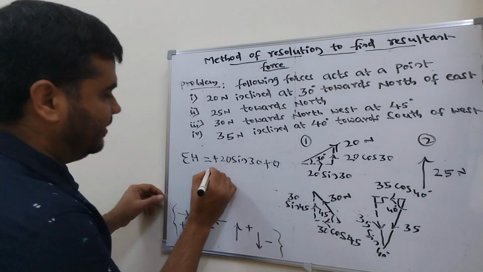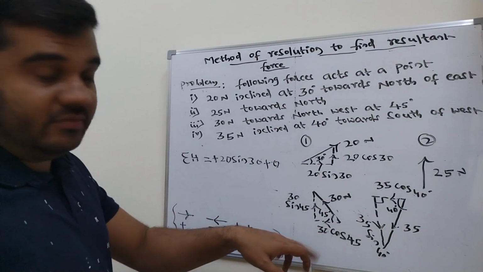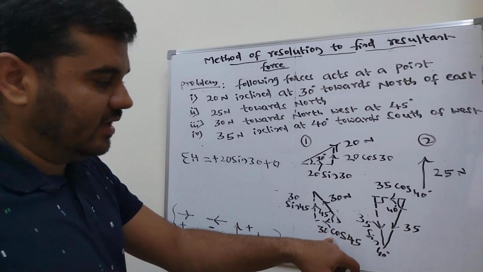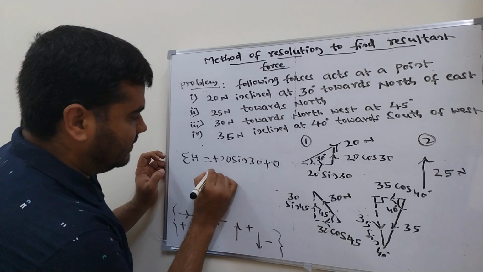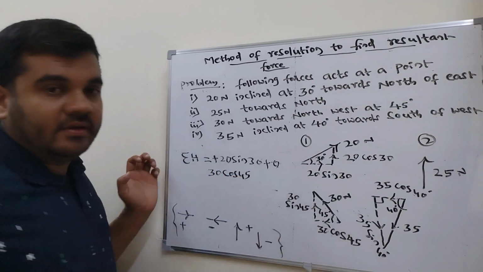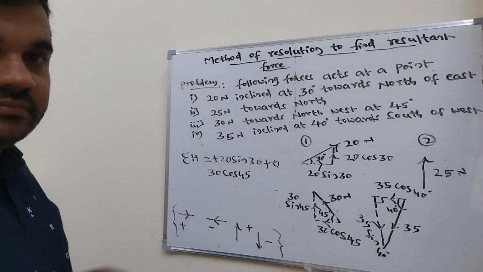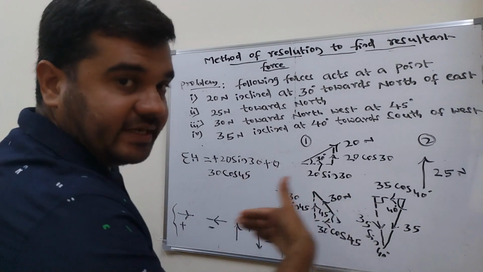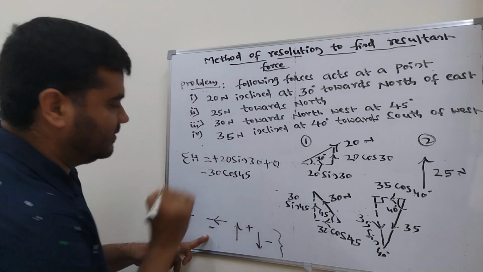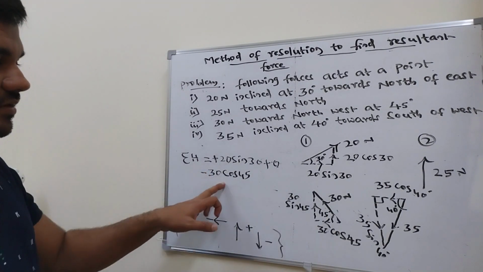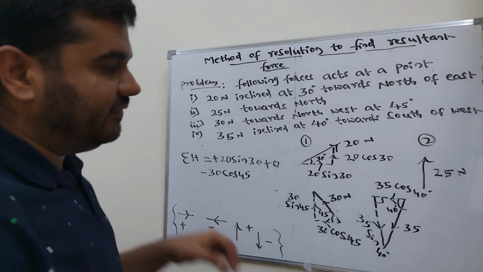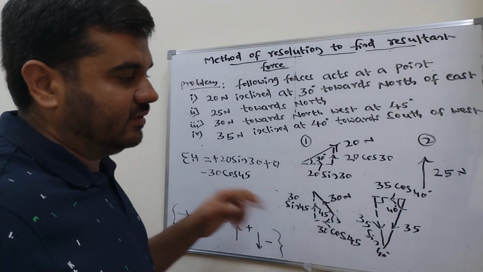Go for the third component. Where is the horizontal component of the force here? This is the horizontal. Write this one here. That is 30 cos 45. Is it plus or minus? It is minus, because in this direction it is minus. You should write minus. Next, go to the fourth component. The horizontal component is 35 cos 40.